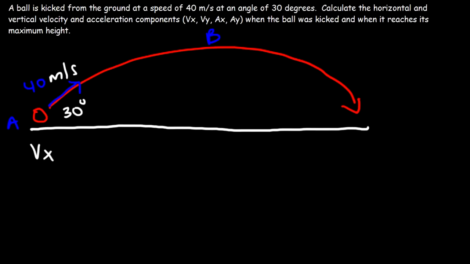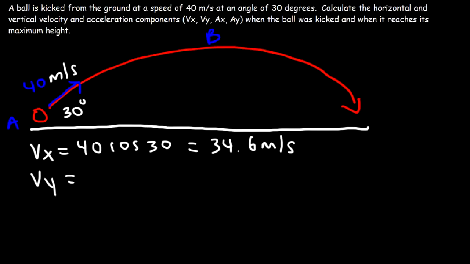Vx is simply V cosine theta. So that's 40 cosine 30. And you could just type this in. 40 cosine 30 is about 34.6 meters per second. To calculate Vy at point A, it's V sine theta, so it's 40 sine 30.